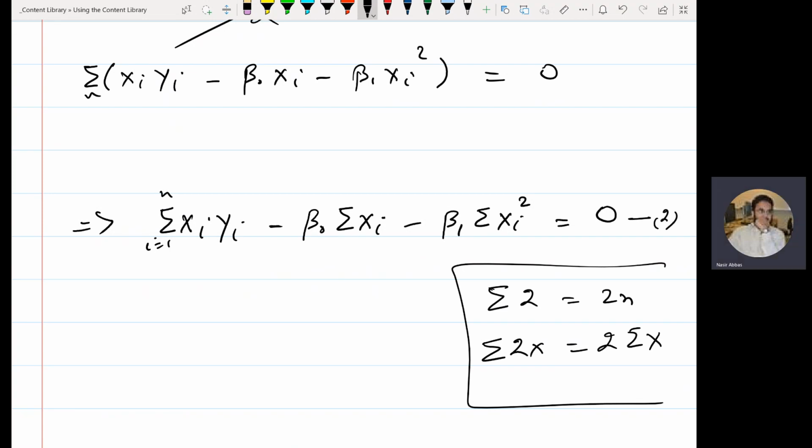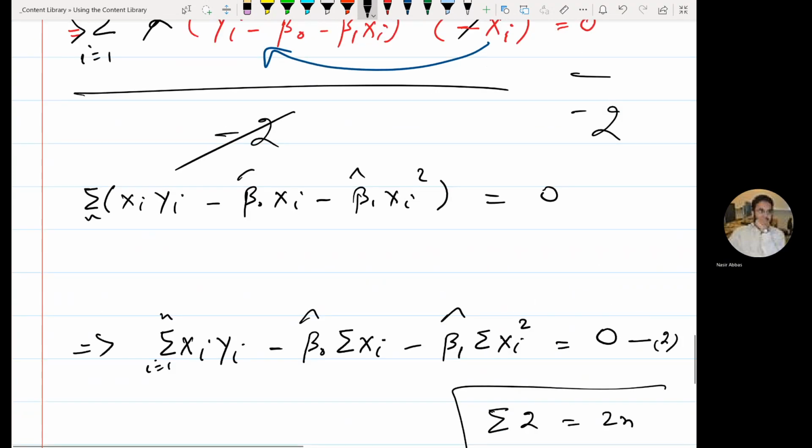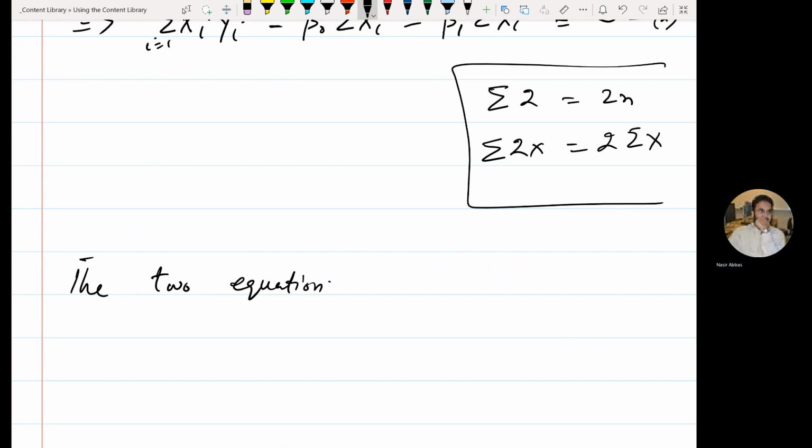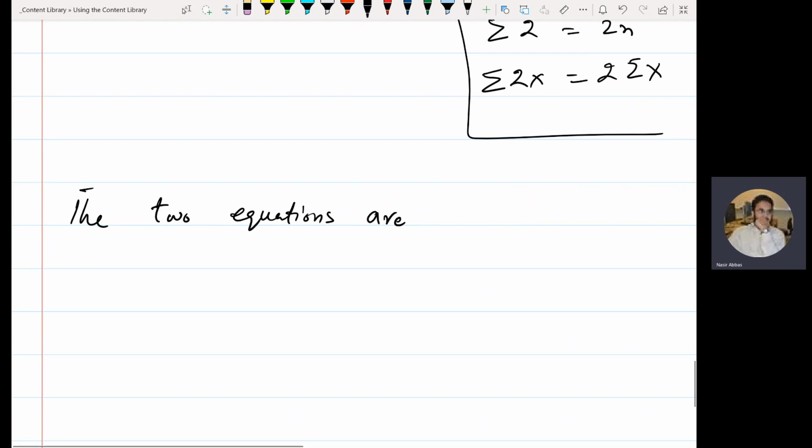So I have now 2 equations. And in those 2 equations, the moment I put it equal to 0, these become sets. So I got 2 equations. The first equation is summation of yi minus n beta naught minus beta 1 times summation of xi, equal to 0.